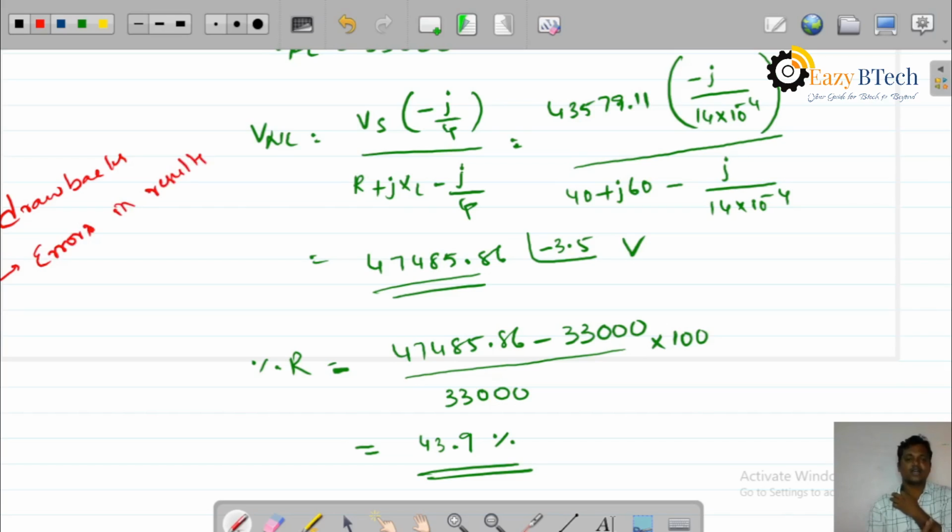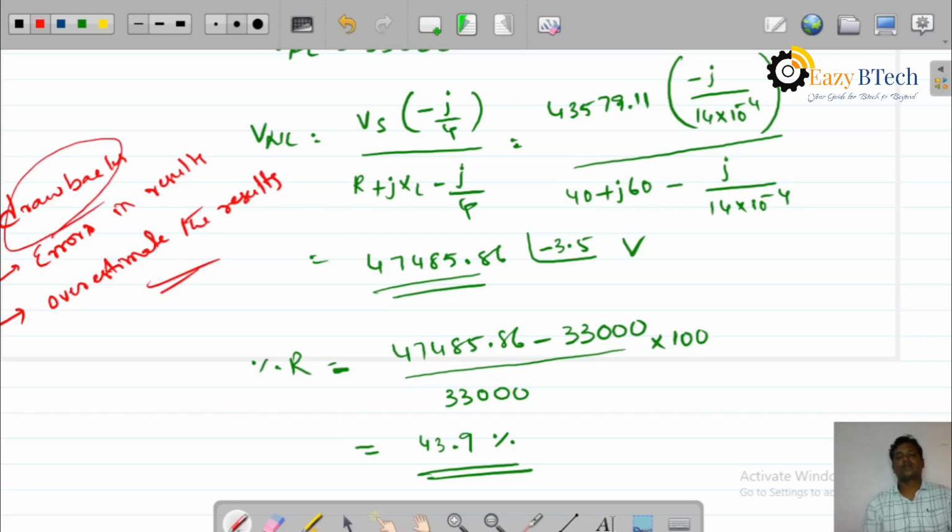It is not an exact method for considering the capacitance at the load end. That's why it is not a correct assumption. The second drawback is that it overestimates the results. Those are the drawbacks of the load and condenser method. To avoid this, we will go for the nominal T method, and with a better assumption, the nominal pi method. Okay. Thank you very much.